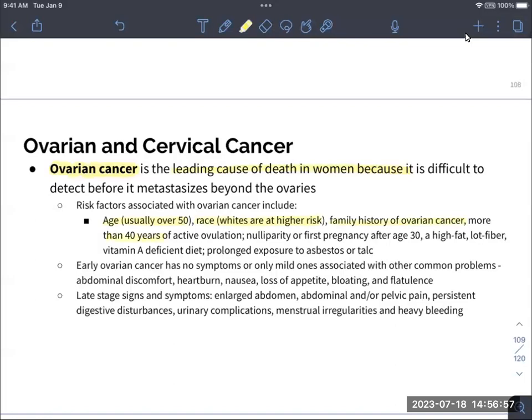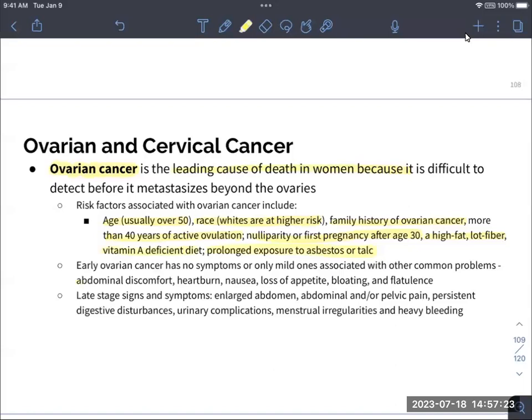More than 40 years of active ovulation. No children, or your first child after 30. Eat a high fat, a lot of fiber, vitamin A deficiency diet. Prolonged exposure to asbestos. Usually there's no symptoms at the beginning.